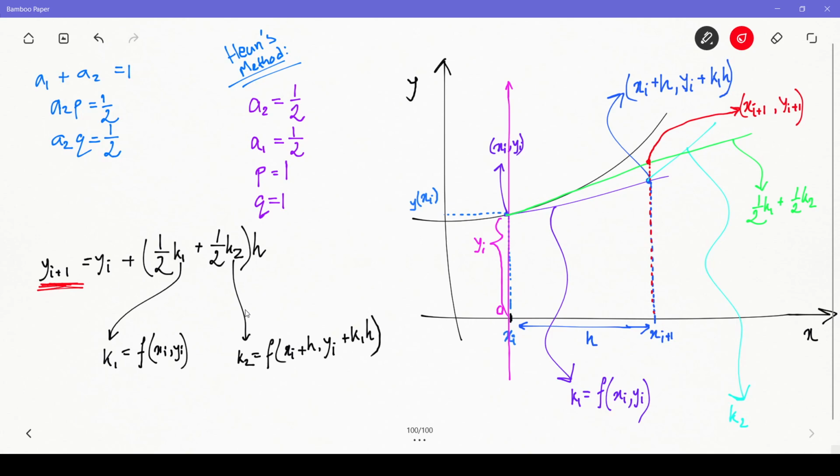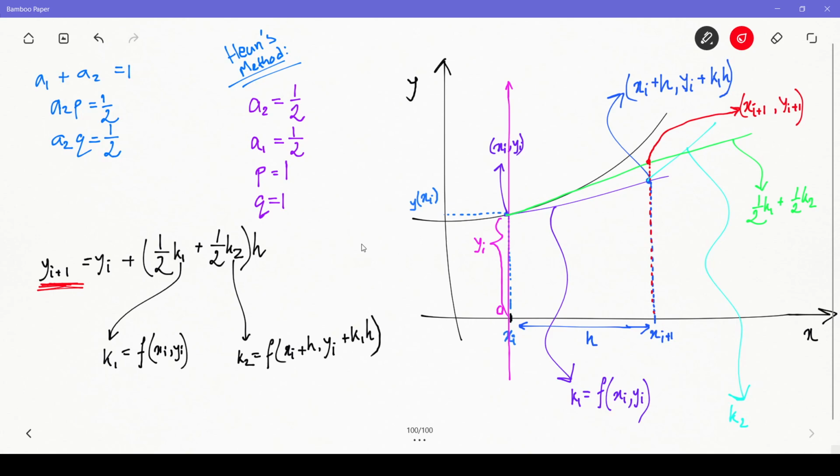Okay, fine. So I hope you understood this one. We'll again explore this same concept for the midpoint method as well. I think it will be a bit more clear when we do that. Okay, fine. Let's go back to our slide and see what the midpoint method is all about.